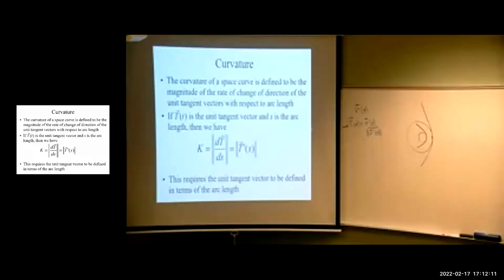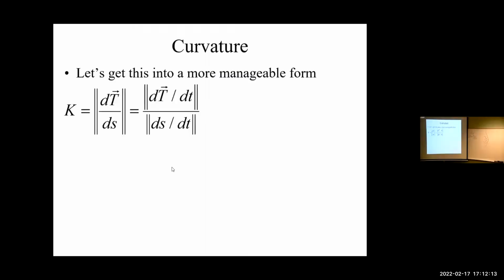We're going to use the chain rule to break this apart. We're looking at the derivative of our unit tangent vector. So that's the change in tangent vector with respect to the change in time, divided by the change in arc length with respect to the change in time.